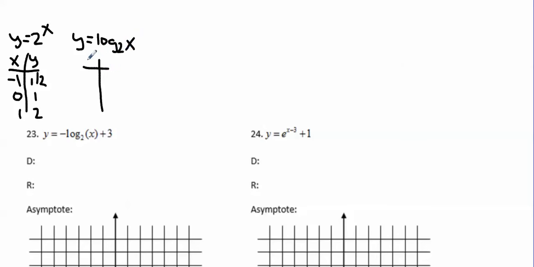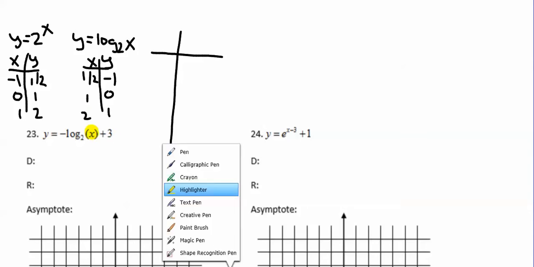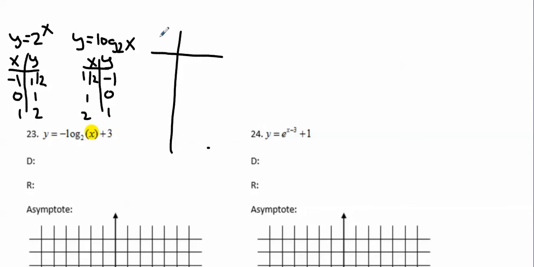Because these are inverses, I'm going to swap my x and my y's. So my x values are 1/2, 1, and 2. My y values are -1, 0, and 1. Now I'm going to apply my transformations. Anything on the inside of the function affects my x values. So if we look on the inside of the function right here, nothing has changed from the parent function. So my x values are going to stay the same.